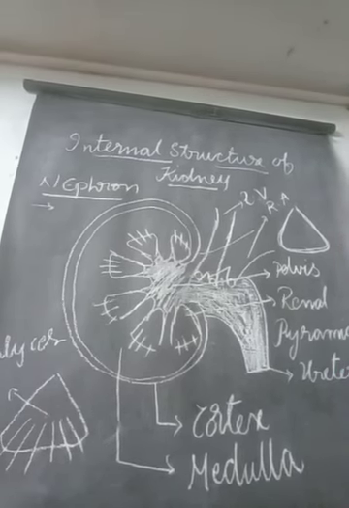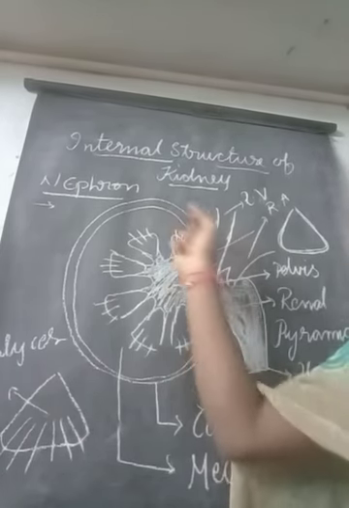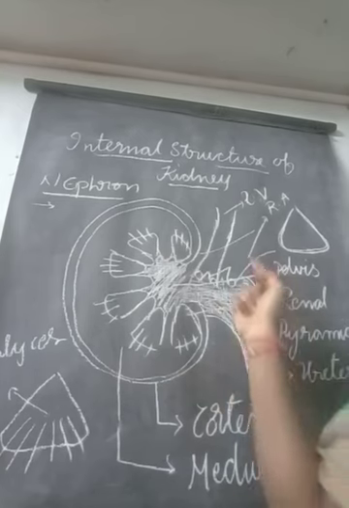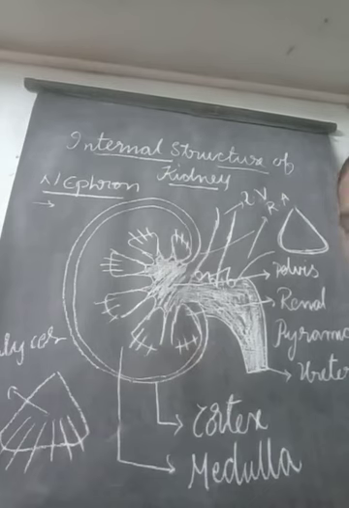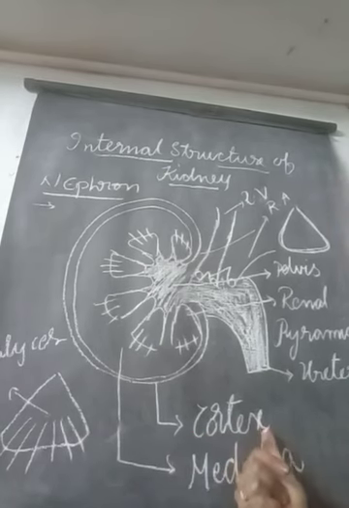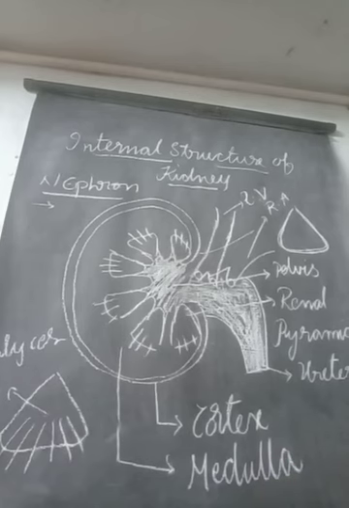Once again I am explaining. Just look at the board. The kidney has two portions, an outer portion and an inner portion. The outer portion is called cortex. The inner portion is called medulla.